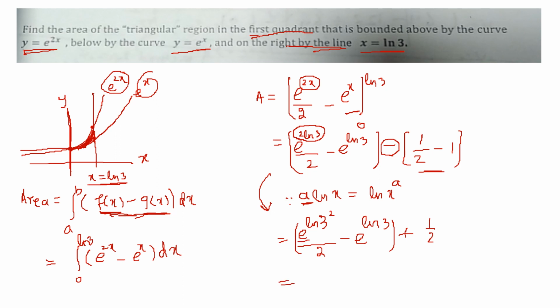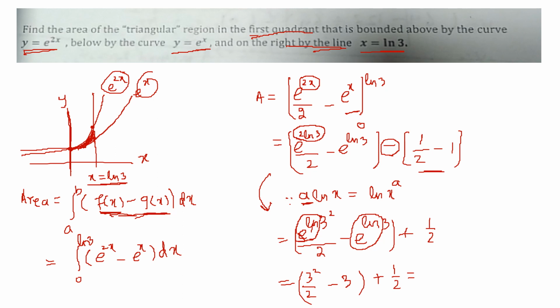Here we have e raised to the power ln of 3 squared. The natural log and the exponential function are inverses of each other, so these two cancel out, and we are left with 3 squared divided by 2 minus. Similarly, in this term, the exponential function and the logarithmic function cancel each other, and we get 3, plus 1 by 2.